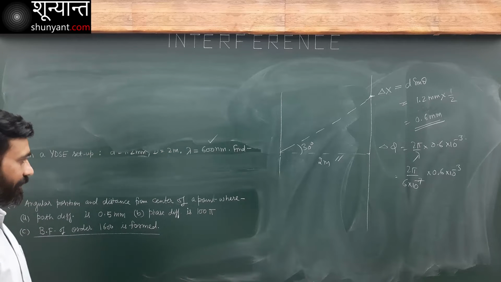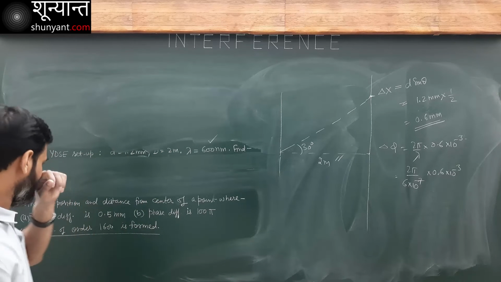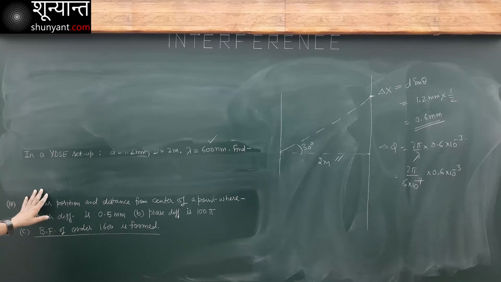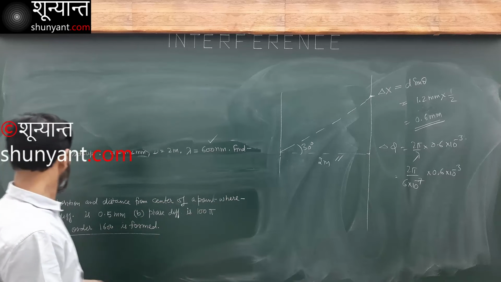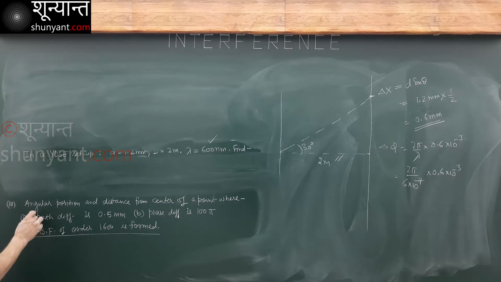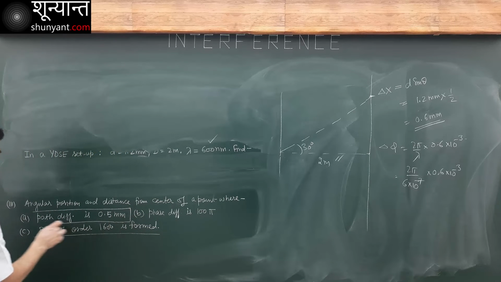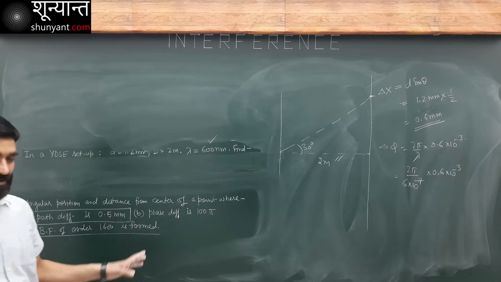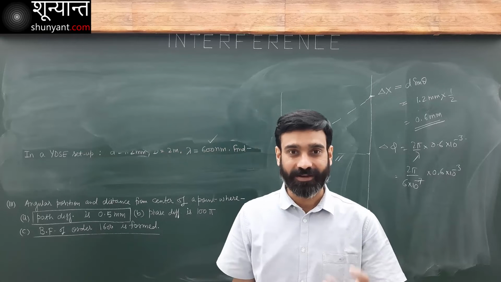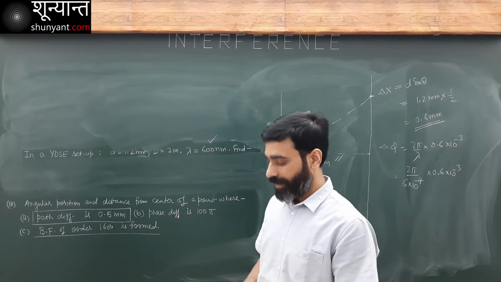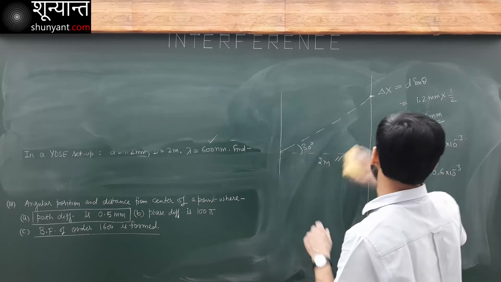Now, the reverse thing is asked: the angular position and distance from center of a point where the path difference is 0.5 millimeter. The problem itself is very simple, but if you really think about it, it can become confusing. For example, I have two relations for path difference.